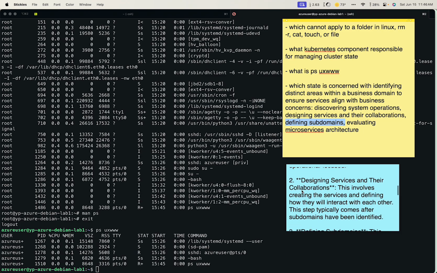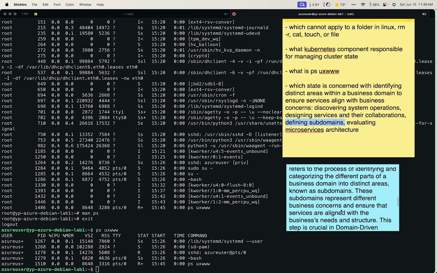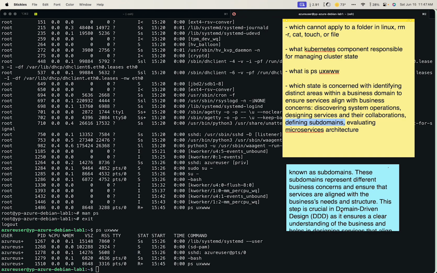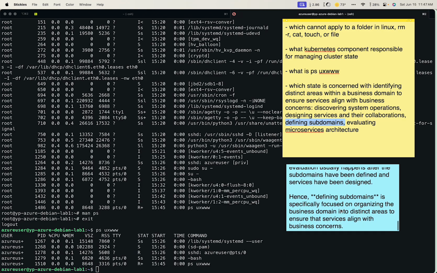Designing services and their collaborations is something else totally different. Defining subdomains refers to the process of identifying and categorizing the different parts of a business domain into distinct areas known as subdomains. These represent different business concerns and ensure that services are aligned with the business needs and structure. That was the answer, defining subdomains.